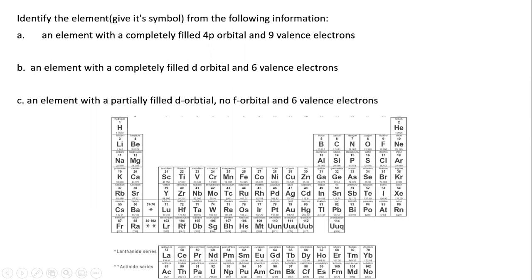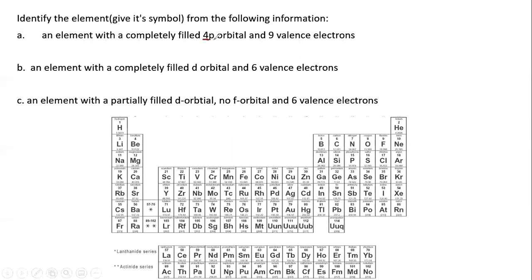So here's kind of like a scavenger hunt. We want to identify the elements, and there could be more than one element that meets the following criteria. So we want an element with a completely filled 4p orbital and non-valence electrons.